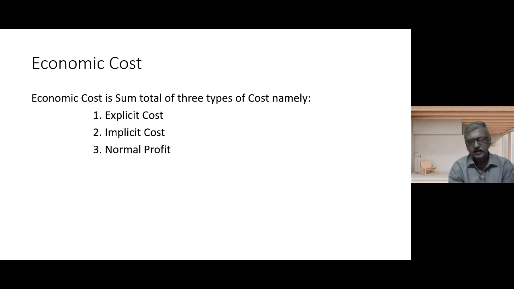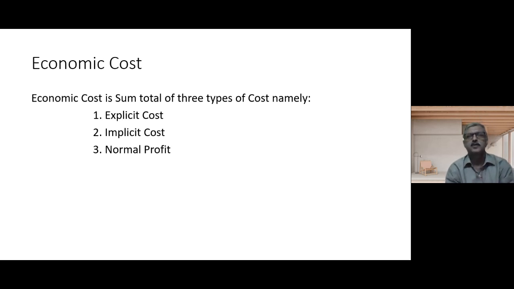Let's understand. Explicit cost means the cost that we have paid: wages, cost of input. So that 50,000 and 10,000 that you paid, in the 70,000 total costing, that became your explicit cost. What is implicit cost? Implicit cost means the cost which we have not paid but is the use of our own asset.